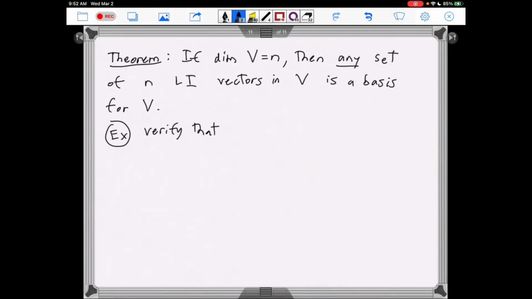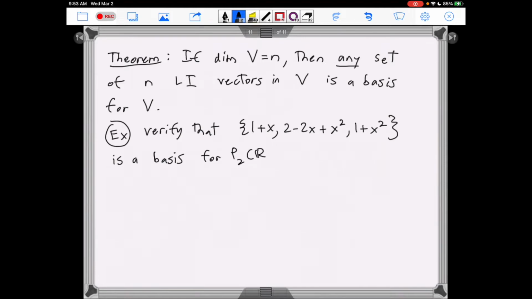Verify that 1 plus x, 2 minus 2x plus x squared, 1 plus x squared is a basis for P2R.